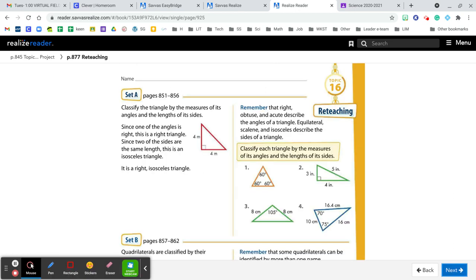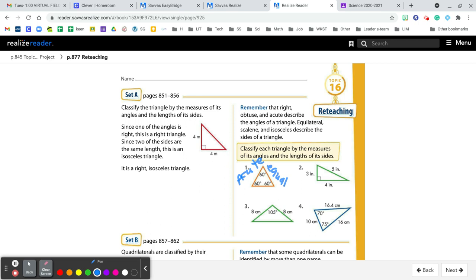And reviewing for the test, set A, remember right, obtuse, acute describe the angles, equilateral, scalene, and isosceles describe the sides. So the angle name for this guy, he's going to be acute, because all his angles are less than 90. And he's got equal sides, so he's an acute equilateral.